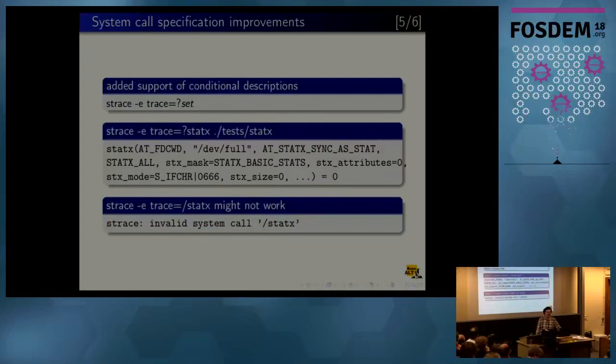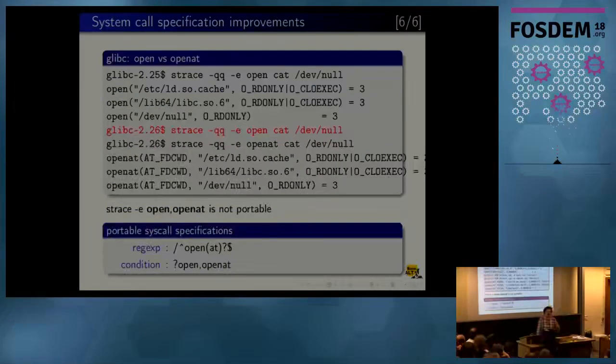So using this conditional specification, you can work around this. And this is a real case example. You will probably have seen this or will see in the future that GNU libc switched from open to openat internally, also for implementing the open library call.